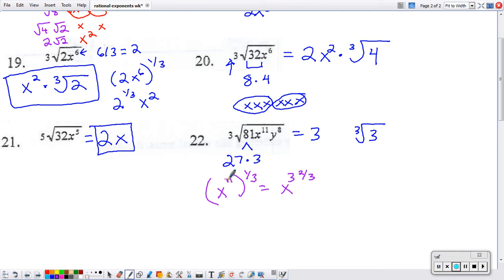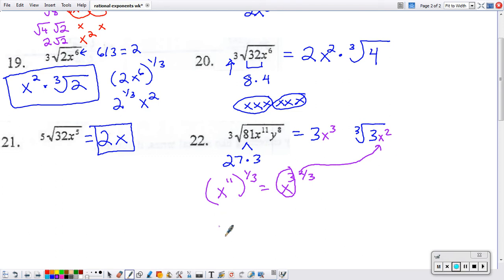All right? 11/3 is 3 and 2/3 because it's 9, which is 3, and then 2 left over. That means it's going to be x to the 3rd and then x squared left inside. This is where the x to the 3rd comes from, and this is where the 2 left over come from.